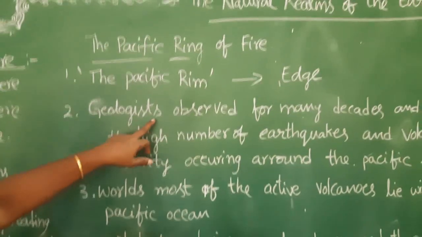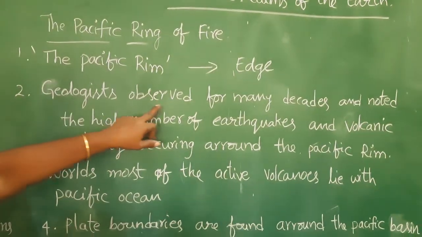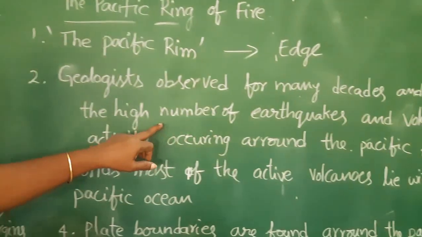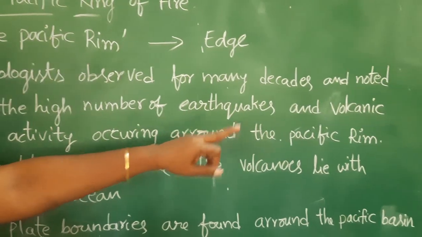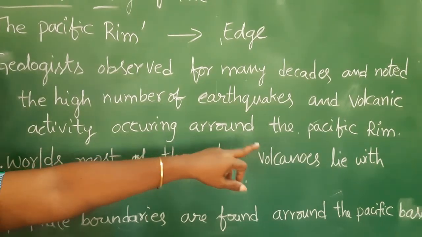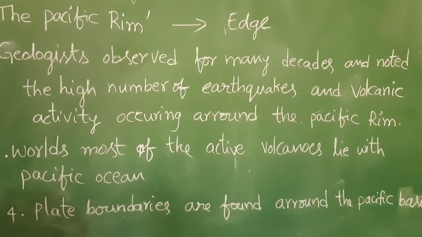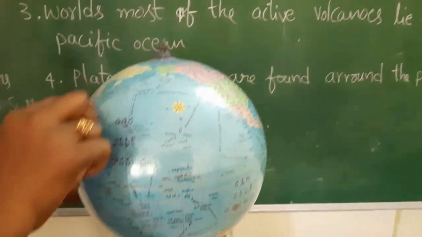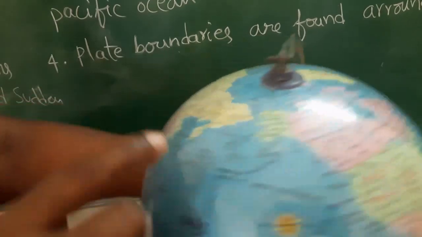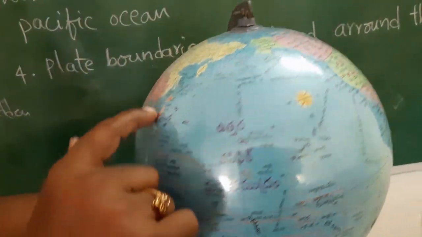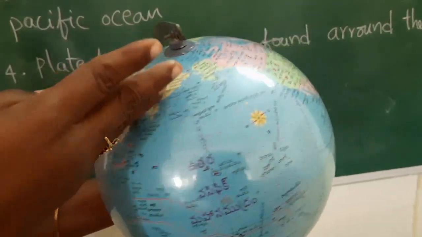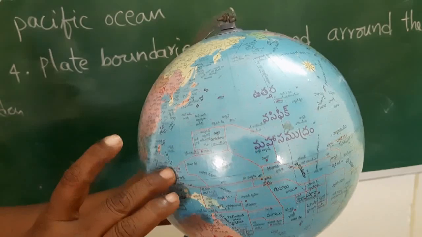Geologists observed for many decades and noted the high number of earthquakes and volcanic activity occurring around the Pacific Rim. These are continents, and this is the Pacific Ocean.